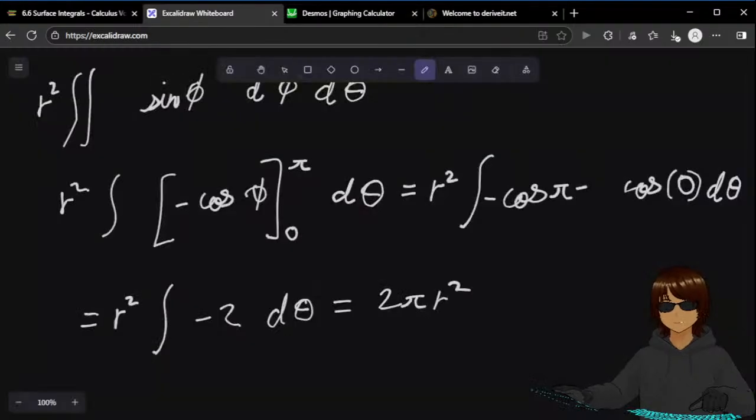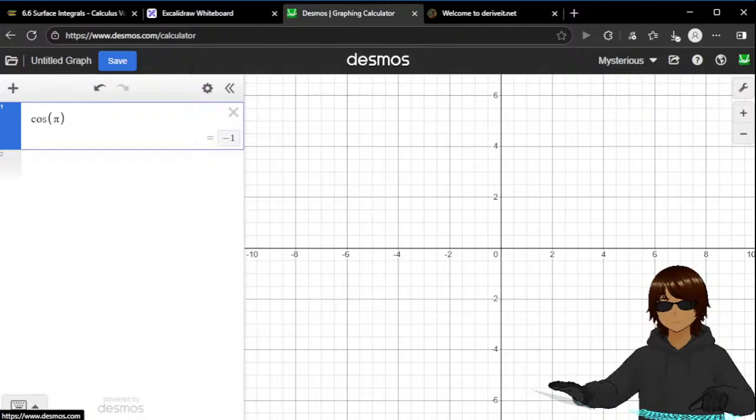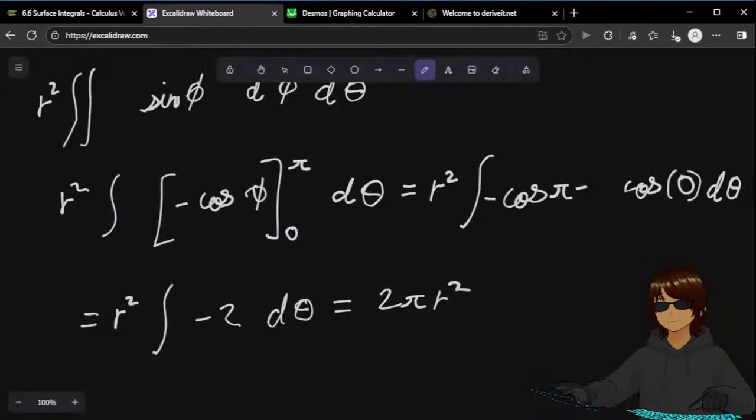Negative 1 minus minus 1 will become 2. So 2 minus 1 is 1.